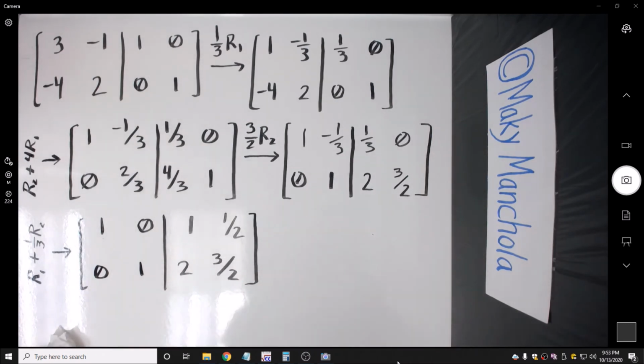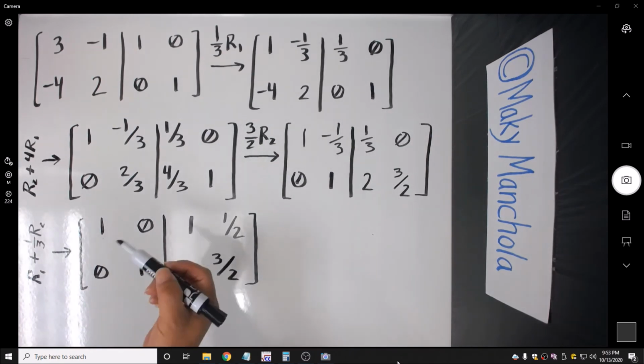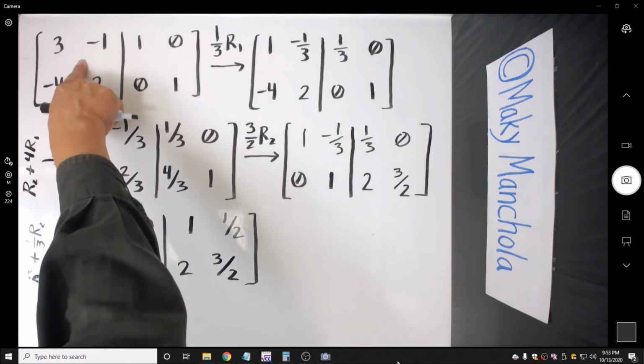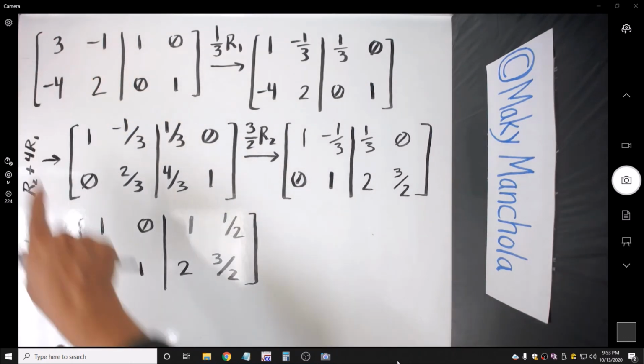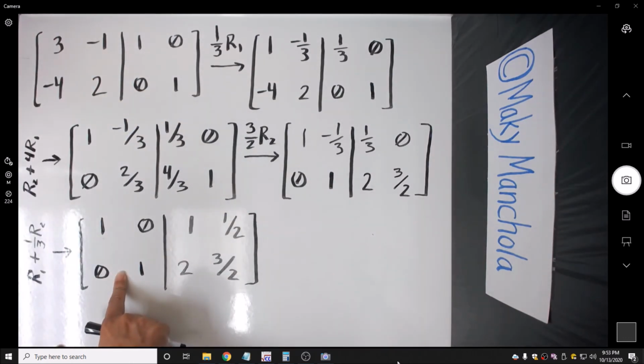Okay, so we have obtained our desired reduced row echelon form matrix. What do we get from this? First, we get confirmation that our original matrix A is row equivalent to I. In other words, it is invertible.